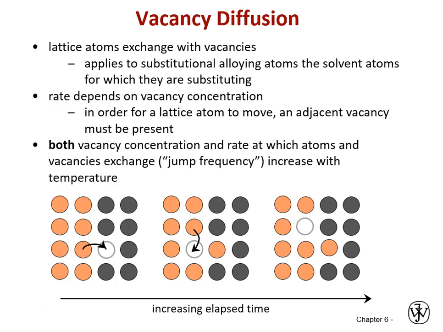And those are both temperature dependent. So we have to have a place to jump to, and then we have to have a jump rate. So there's really a double dependency on temperature for substitutional diffusion. And what we just saw with the copper atom jumping to one vacancy and then another copper atom jumping, we just saw an example of substitutional diffusion.